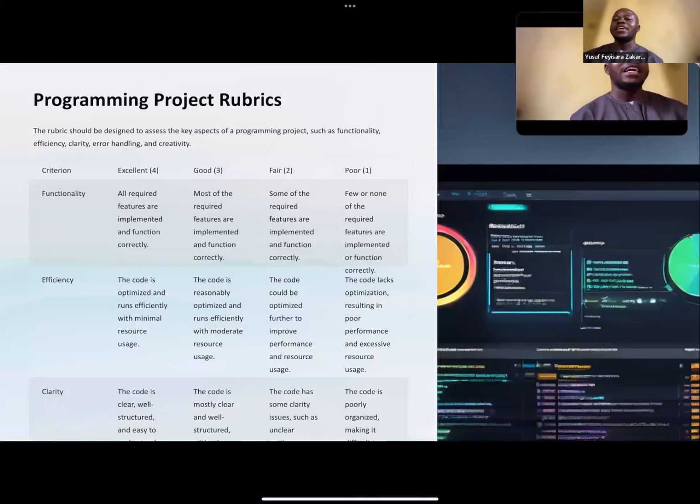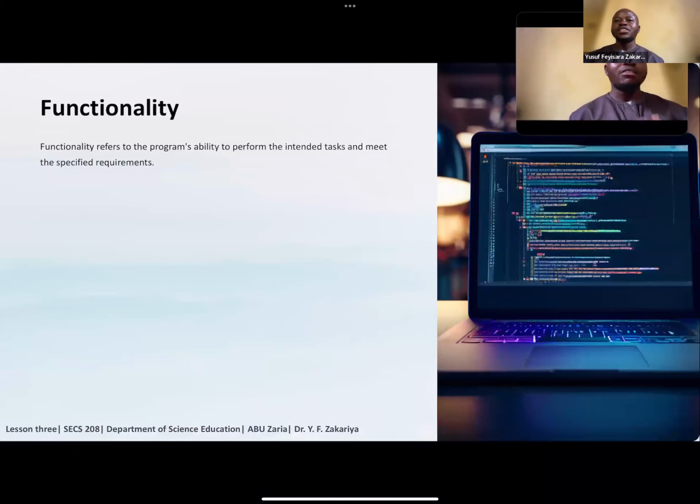The code is clear, well-structured, and easy to follow. This is when you have the excellent grading. So this is an example of a rubric that you can have. And I'm bringing another one that we use to grade the lesson. That one is more relevant to teaching and instructional practices, as the case may be, but that one is not for today.